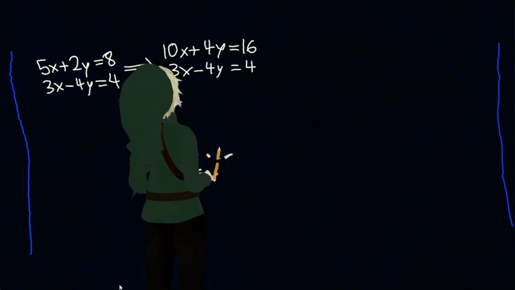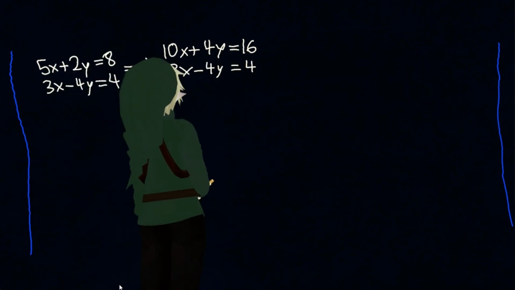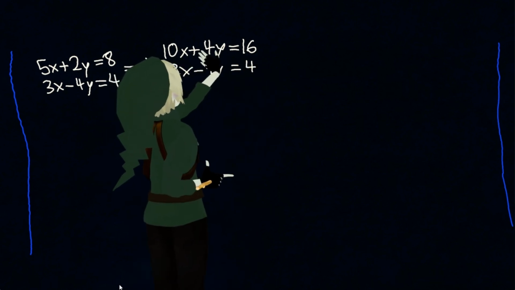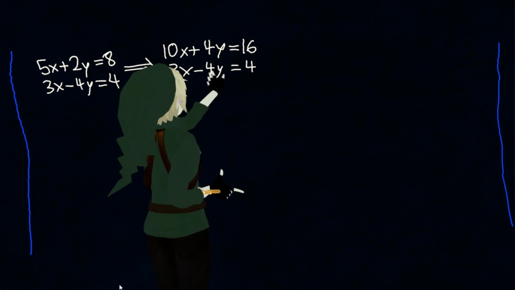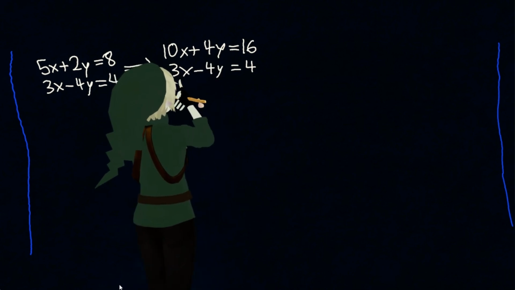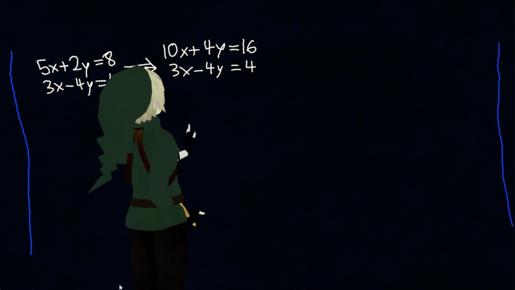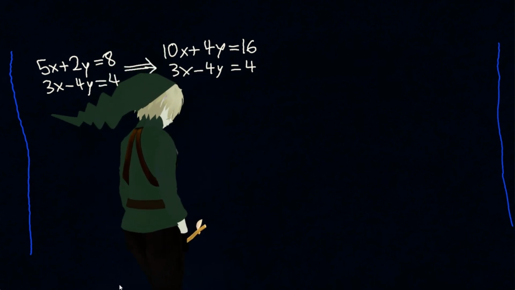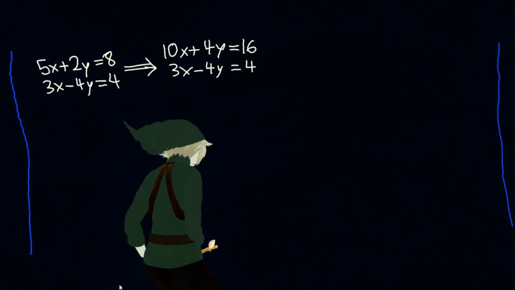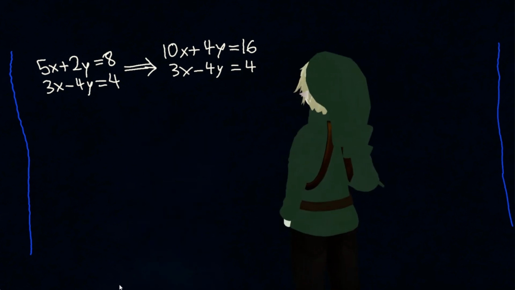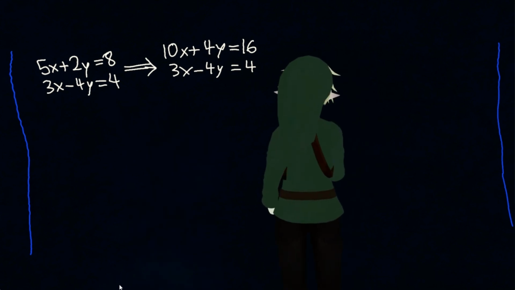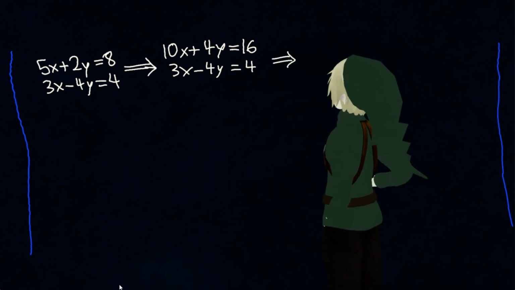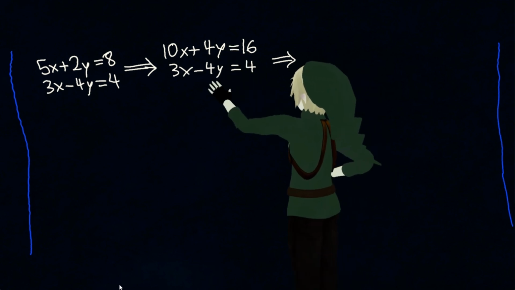As you can see, we used legal action number 1, modifying this first equation. Now we have plus 4 and minus 4. If we add these two equations up, the y terms cancel out because 4 minus 4 is equal to 0, and 0 times y is just 0. So I'm going to add them.